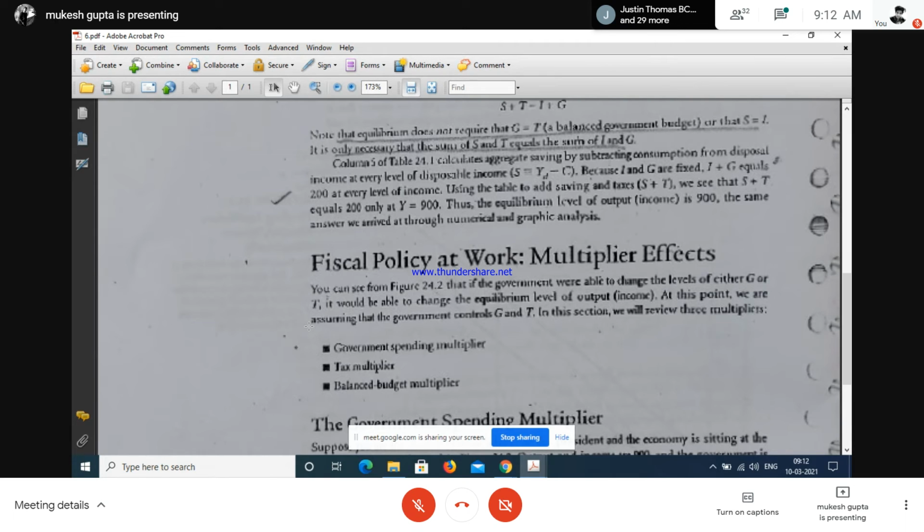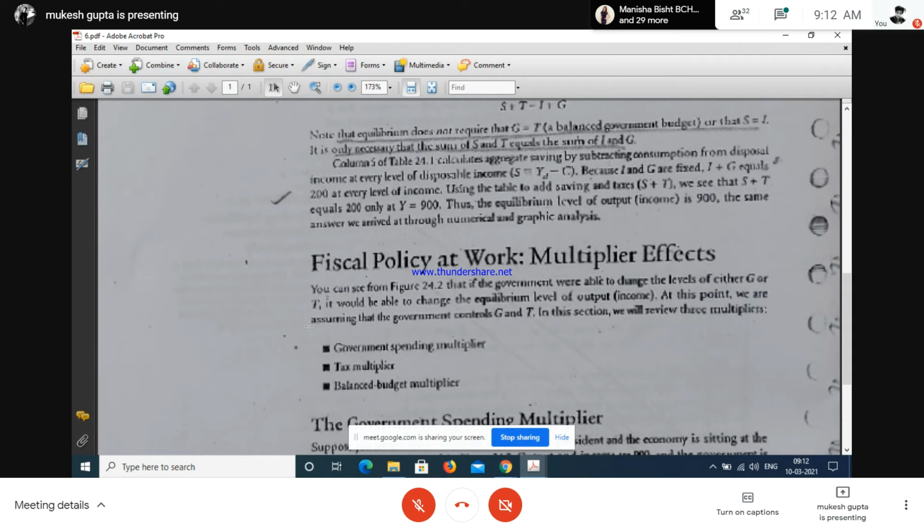We will see that there is a multiplier effect. If government spending increases, let's say by 100 crore rupees, then national income will change not by 100 crore rupees, but by some multiple of it. So there we can see the multiplier effect. There are three things we will see here: the government spending multiplier, the tax multiplier, and the balanced budget multiplier.